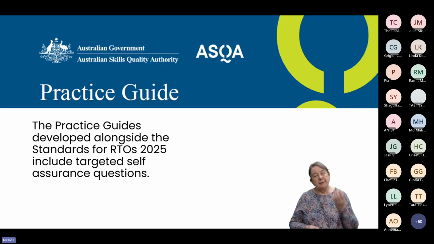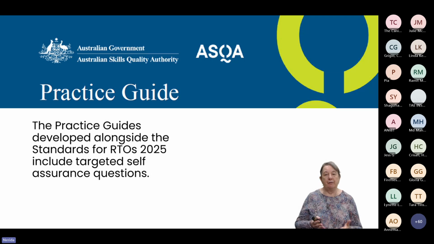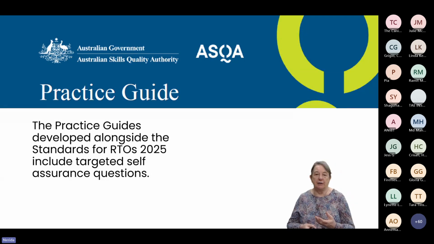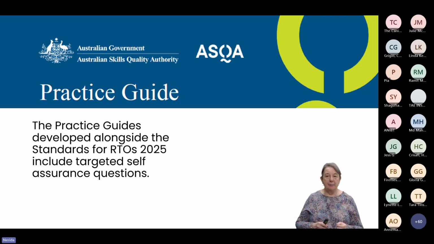So as we've said, self-assurance is your RTO's way of checking, is this working? And is it working for our students? It's not just about meeting the standards. It's about making the experience better for every learner. And so we have the practice guides for the standards for 2025, and they include information that helps RTOs look under the hood. They provide examples.